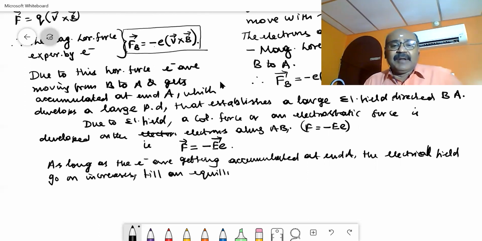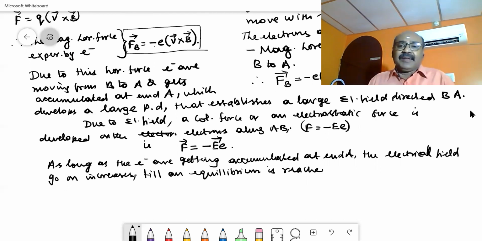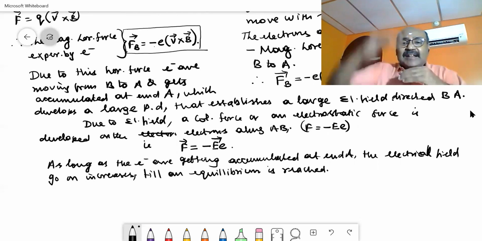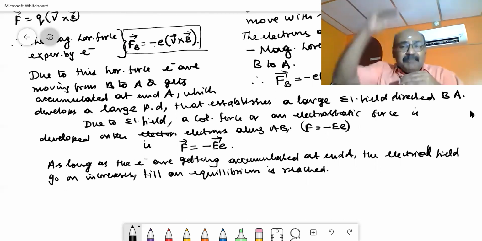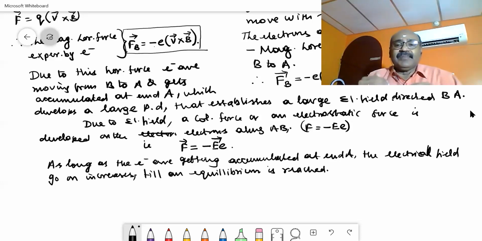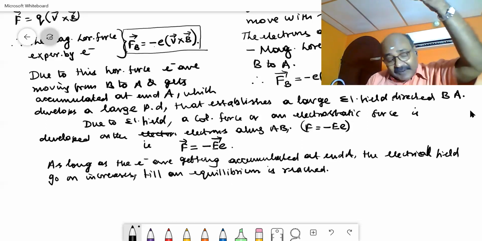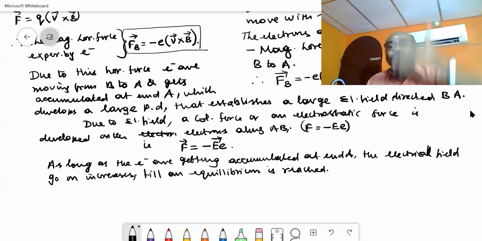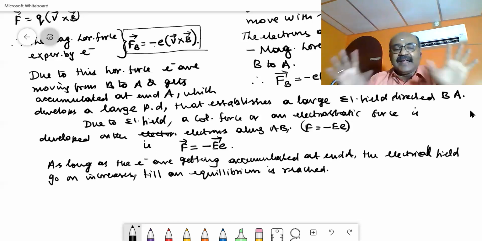The magnetic Lorentz force is making the electrons transfer, because of which the electrical field goes on increasing. At one particular stage, the force due to the magnetic Lorentz force and the force due to the electrical field will balance each other. At that time there is no more transfer of electrons from end B to end A. That we call the equilibrium.